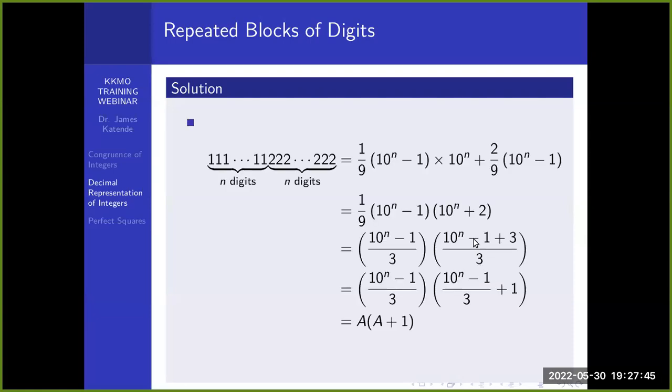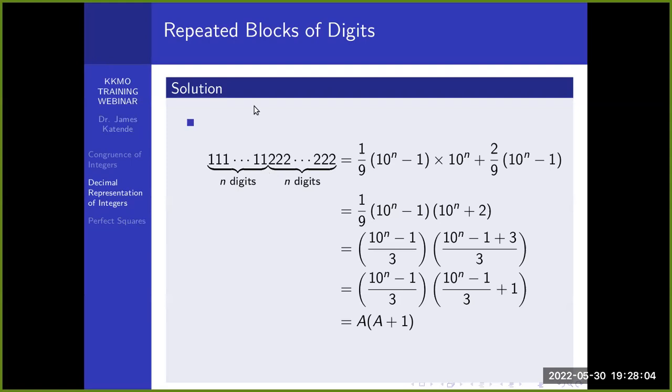So let's look at the solution. So suppose the general form is to have 1 repeated n times followed by 2 repeated n times. That's what the nth term of this sequence will look like.